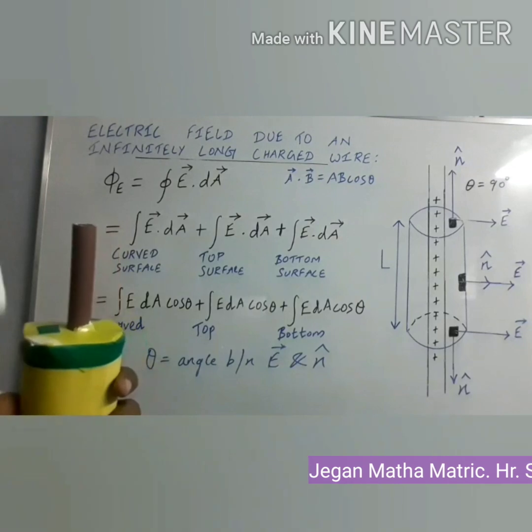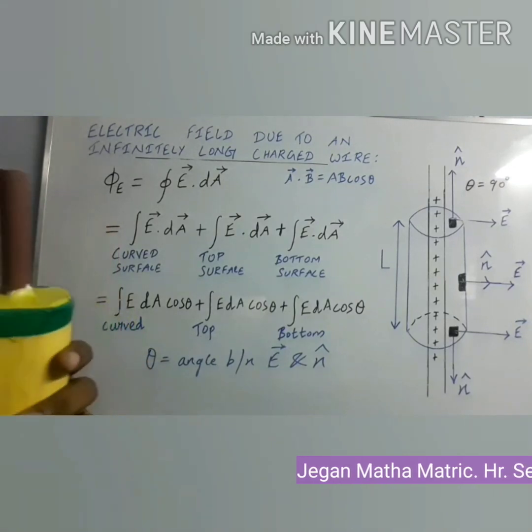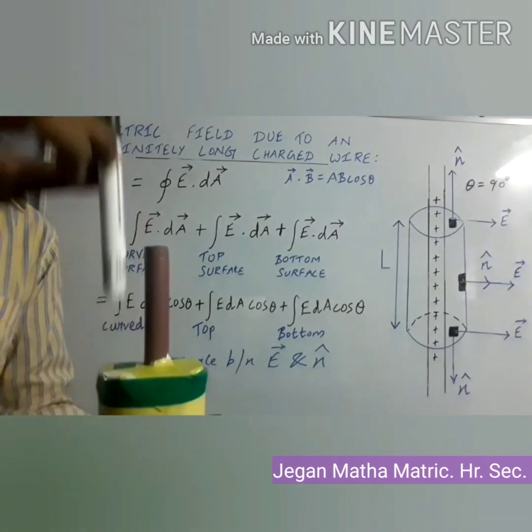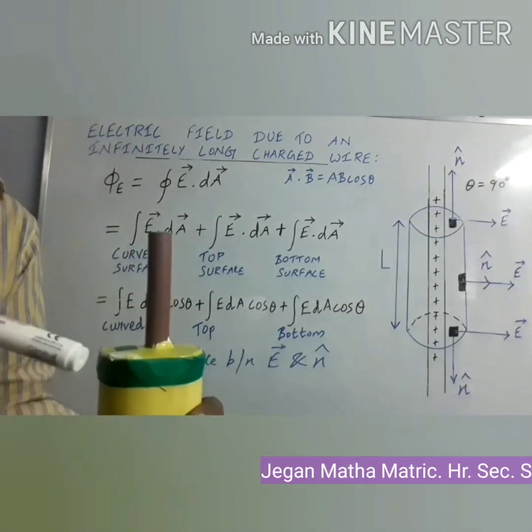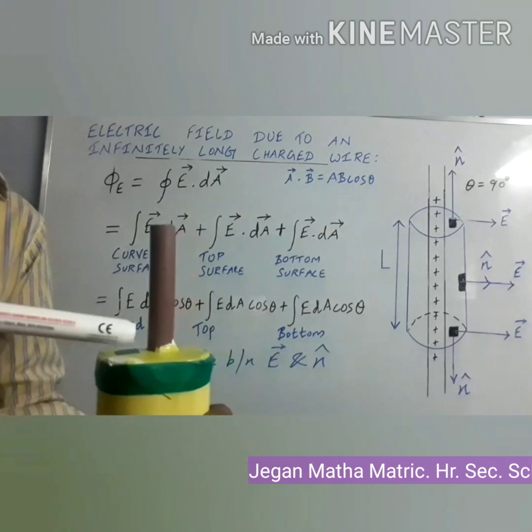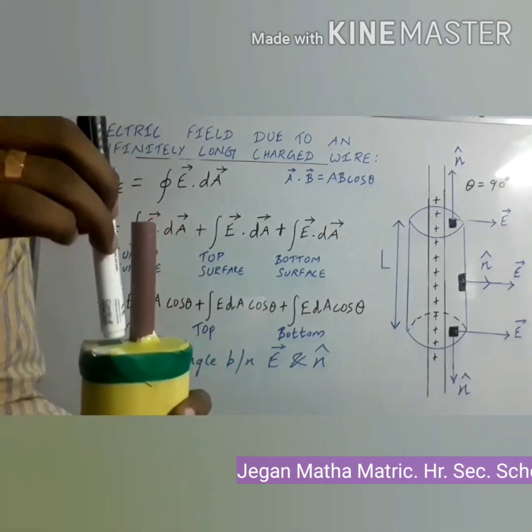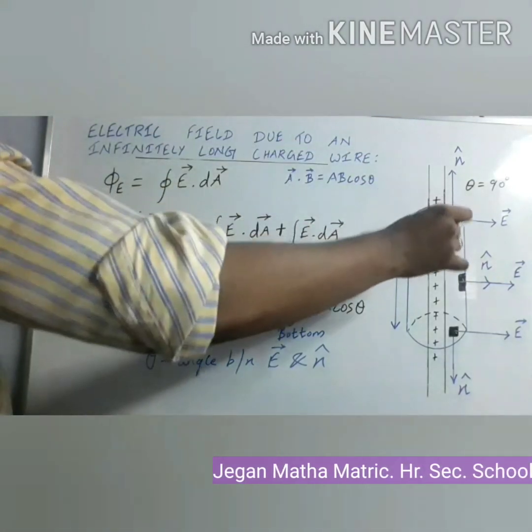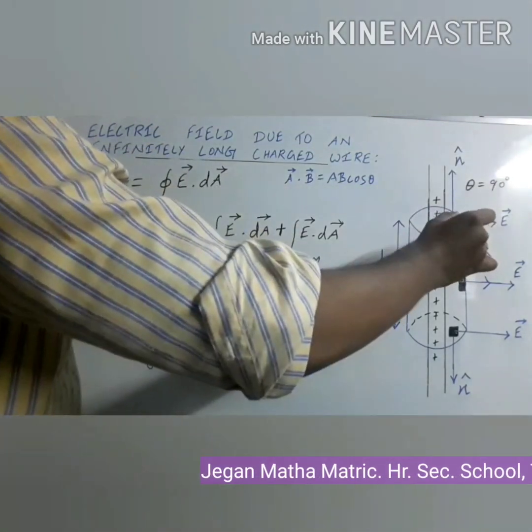Normal is nothing but a perpendicular line to the particular area. At the top surface, what is the direction of the normal? It acts upwards. The direction of the electric field is always horizontal, but the normal is perpendicular to that area, so it acts upwards.